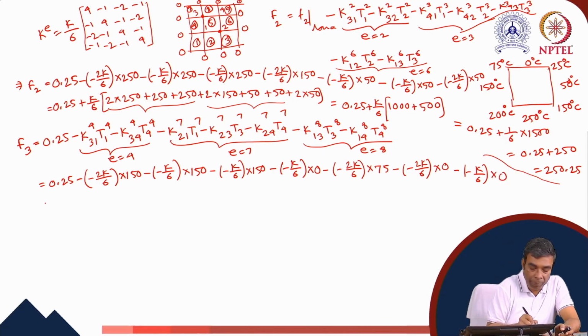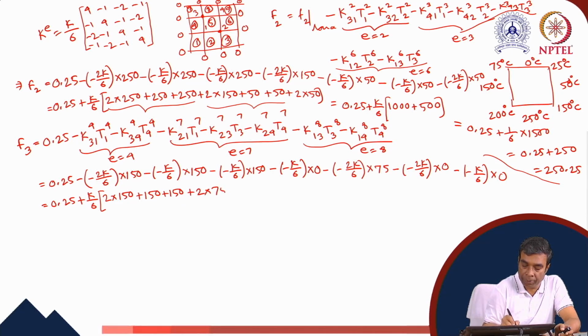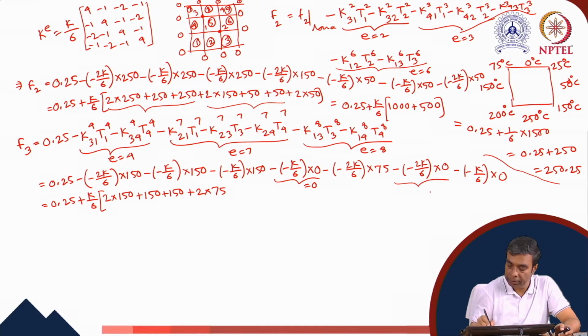So we can simplify this as 0.25 plus K by 6 into 2 into 150 plus 150 plus 150 plus 2 into 75. This term is 0. This is 0.